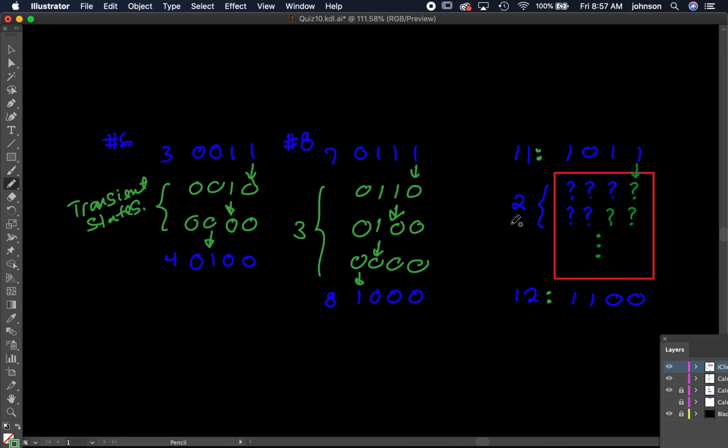Okay, so let's see what you came up with here. Let's go ahead and subtract these out here, and we will fill these in. You should have changed the first one to a 0, keeping the other ones the same. Change the second one to a 0, keeping the other ones the same.